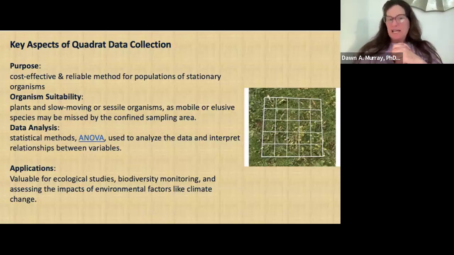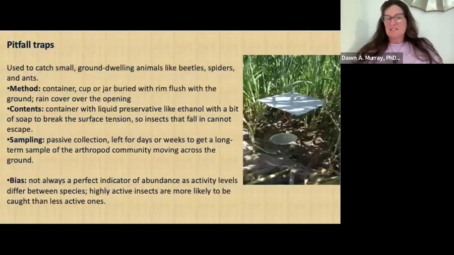When you're analyzing the data, you can use statistical methods like ANOVA, which is used to analyze the data and interpret the relationship between the variables. Again, this is valuable for ecological studies, biodiversity monitoring, and assessing the impacts of environmental factors like climate change. And you could do it somewhere near your house. So in 5 years, you can do it again and see what's changed.